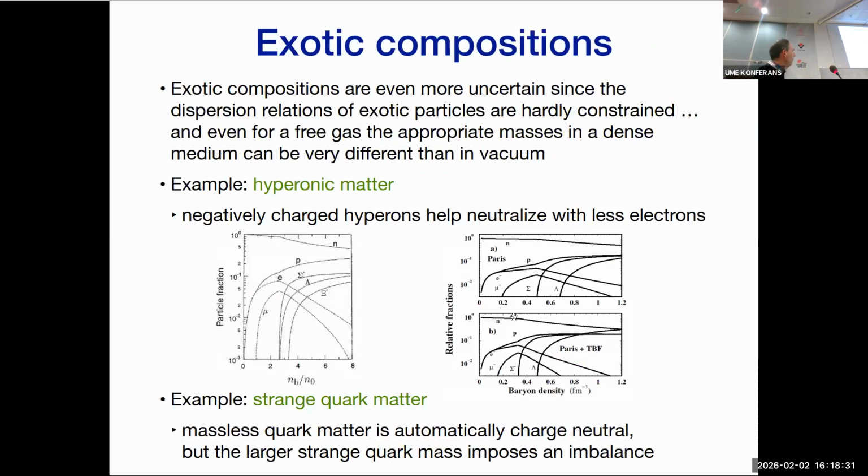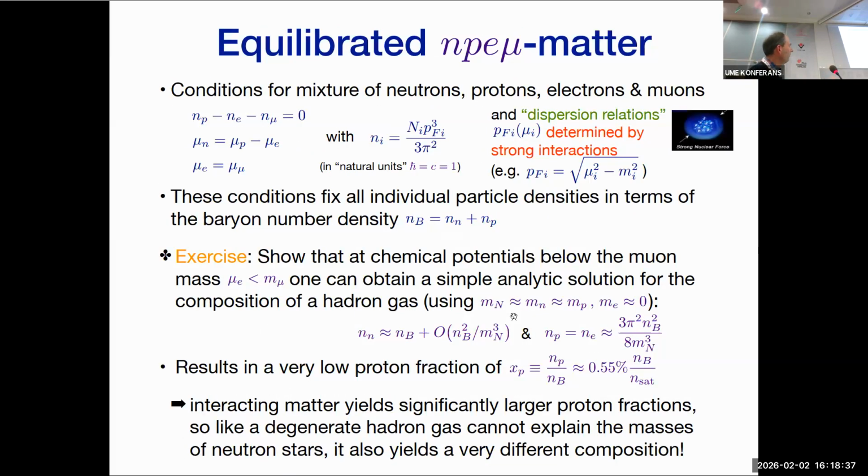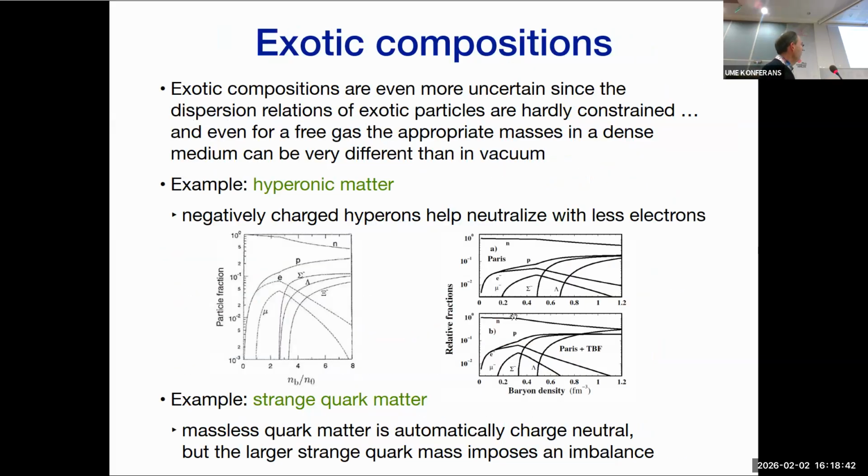Okay, and then you can, for instance, do this. And so this is what you get typically. The problem is, again, this: we don't know this precisely. And so it depends on your model of the interactions, and you can have very different results. So for instance, this considers that you might have hyperons, and then you get curves like this, where these hyperons come in at some density. Which comes in first depends on the interaction.